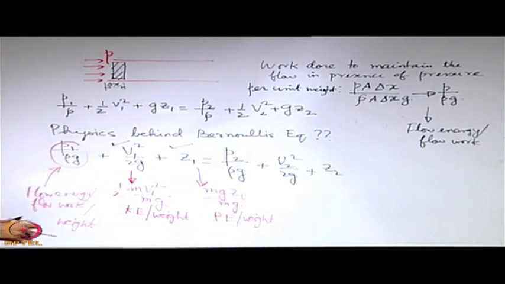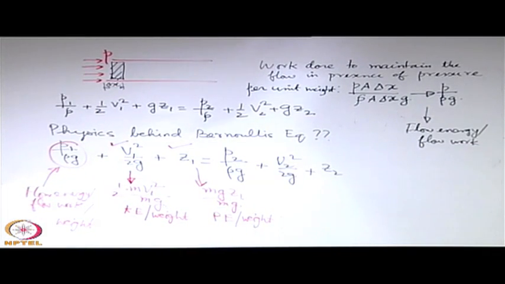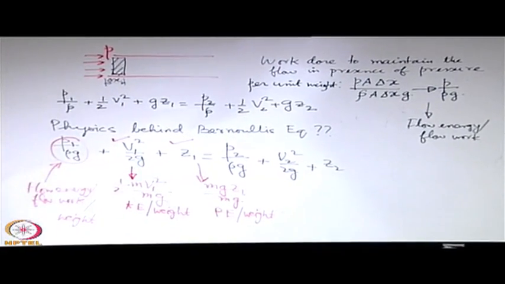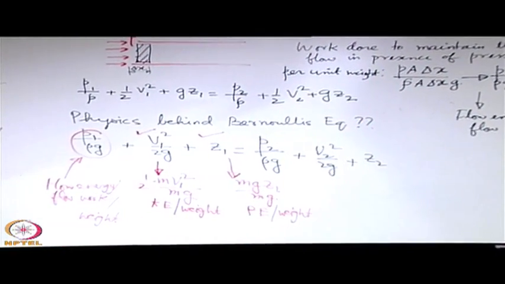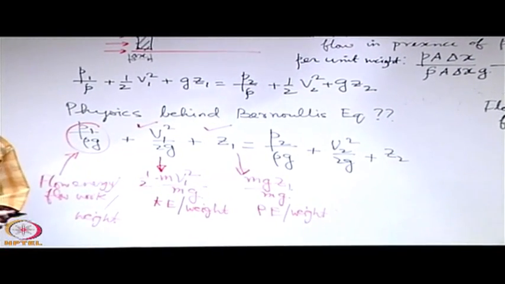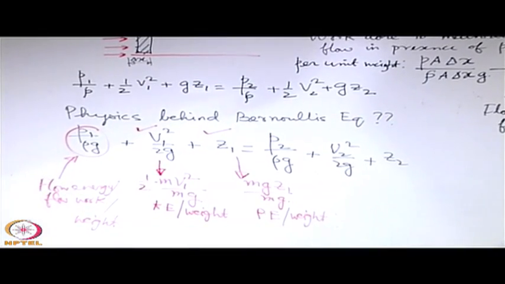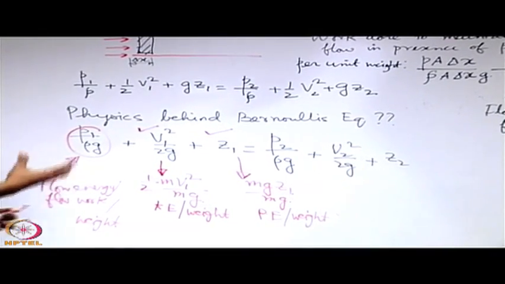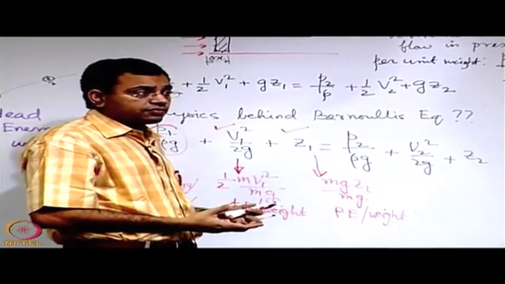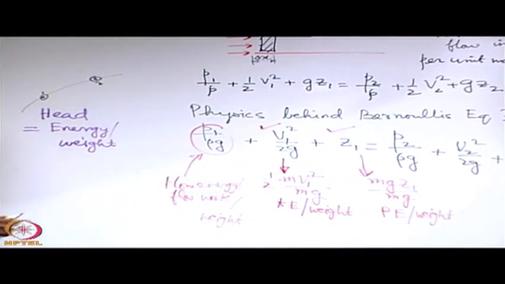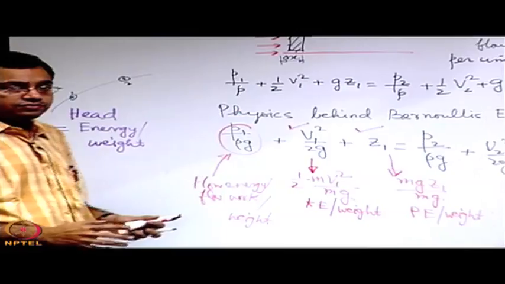So, this equation is saying that the sum total of these three forms of energy is getting conserved along a streamline under the assumptions that we made. Now, the question is, is this energy being possessed by the fluid or what? To understand that, let us consider an example.